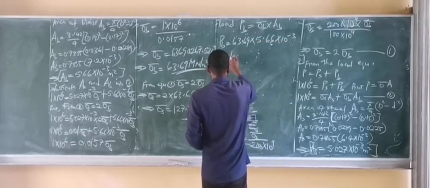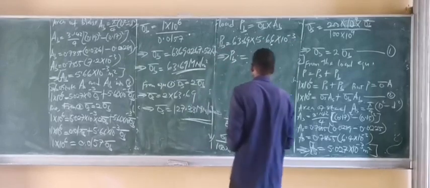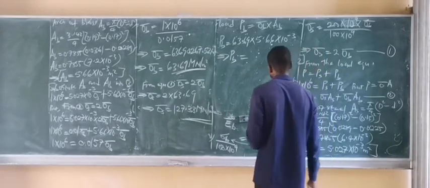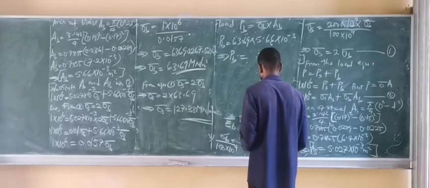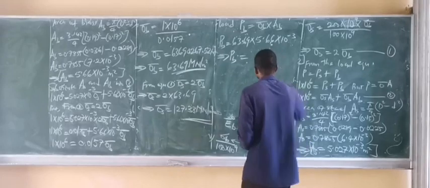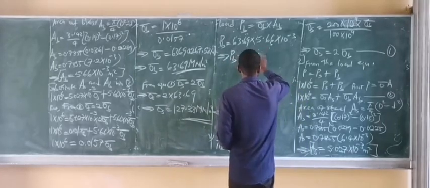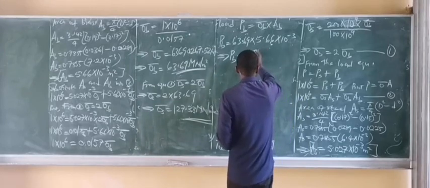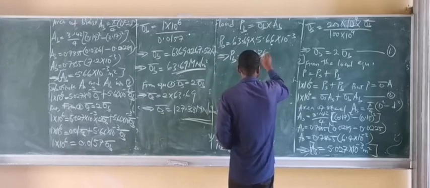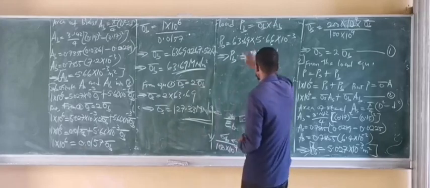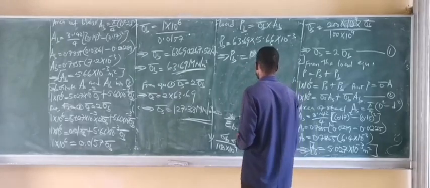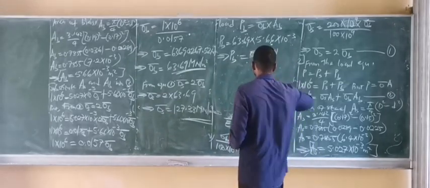So the load of brass is equal to 63.69 by 5.66 exponential minus 3, which is 0.3604. So about 0.36 mega newton, because this is mega newton.